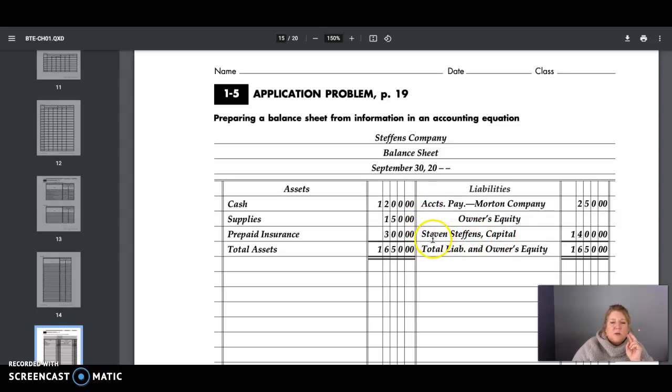Capital, we only have 1 owner right now because we're learning about sole proprietorships. So that's 1 owner, and their capital is the value of what they own. Remember, it's all of their assets minus what they owe. That's what becomes your capital or your equity. So you total them up. Got to be equal, guys.